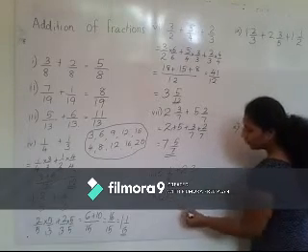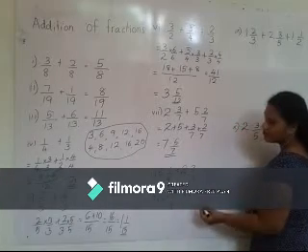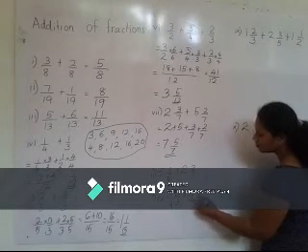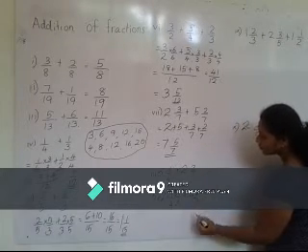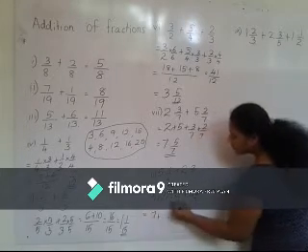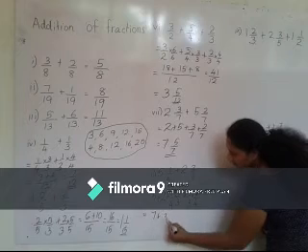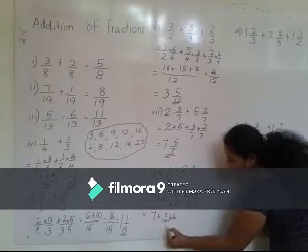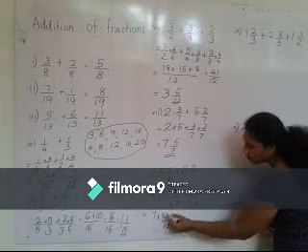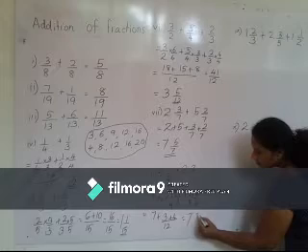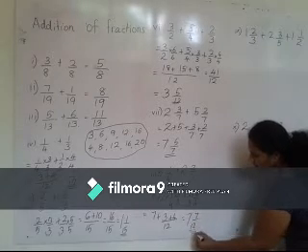Here 4 and 3 we can make into 12. 4 should multiply by 3 and 3 should multiply by 4. Then 5 added to 2 is 7, added to 1 times 3 is 3, added to 1 times 4 is 4, over 12. Then 7 is the whole number. 4 plus 3 is 7, over 12.